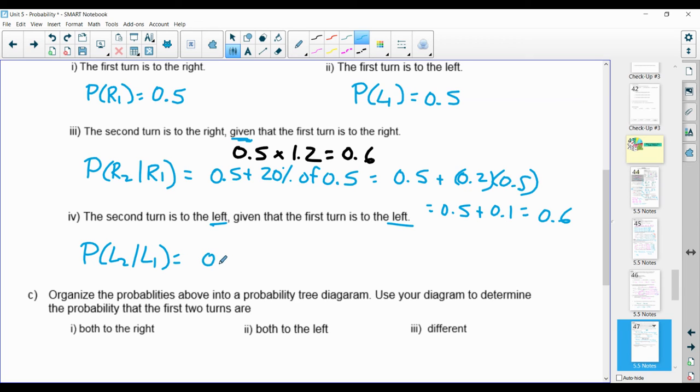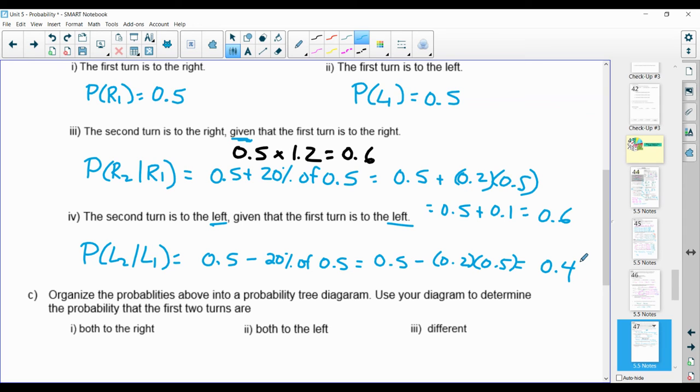So we have a 50% chance of turning left the first time, and now we're going to decrease that amount. So we're going to decrease by 20% of 0.5. Well, 0.5 minus 0.2 times 0.5 is 0.5 minus 0.1, which is 0.4.